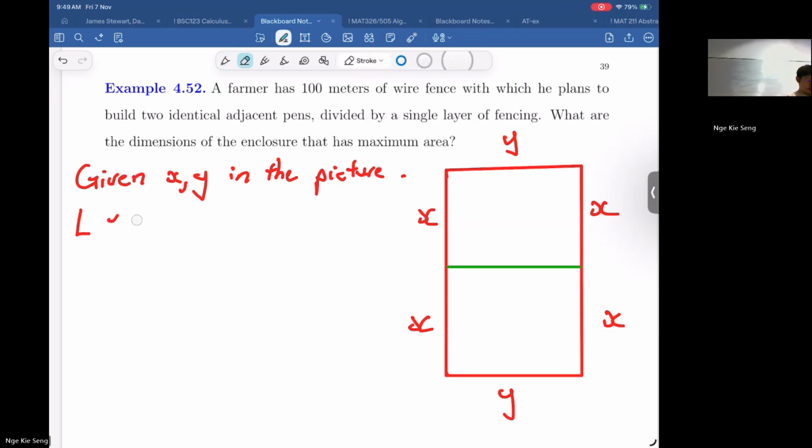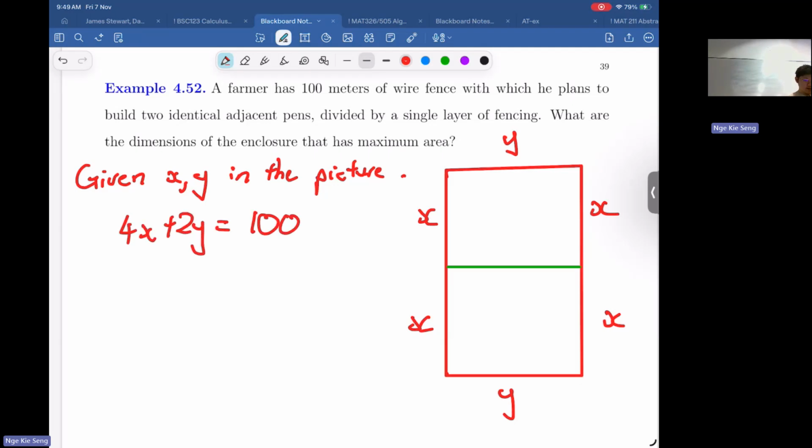Given x and y in the picture, we know that 4x plus 2y equals 100 meters. Or maybe we can rewrite this as y equals 50 minus 2x. So we managed to write the length in terms of the width.